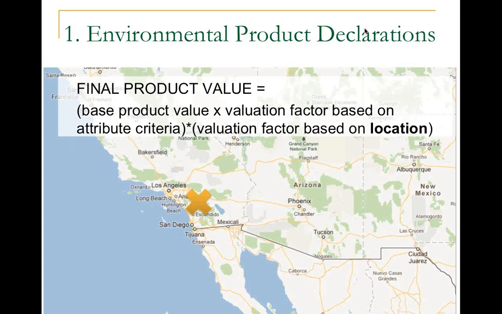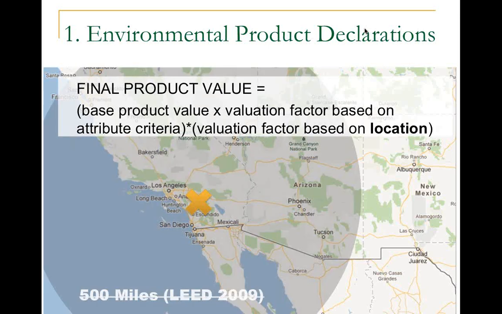Final product value, in fact, is a bit of a twist that is helpful for our industry. Remember, the regional material credit in LEED 2009 and previous means that they don't want people trucking things too far away, so they gave a benefit to having things within 500 miles.